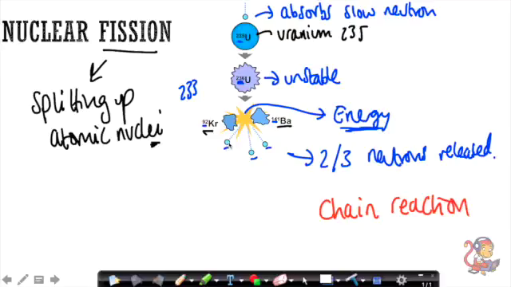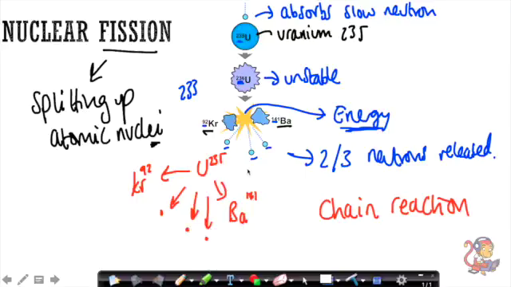So all you need to do is show that this neutron will go to collide with another uranium-235, and that will split into your krypton and your barium, and you will have 2 or 3 neutrons released. And you would show that for each of the neutrons that come out.